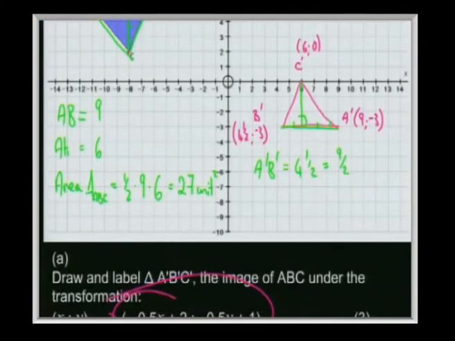That altitude is 1, 2, 3 units. So to conclude, the area of triangle A'B'C' is a half times the base times the altitude, which in this case is 27/4 units squared.